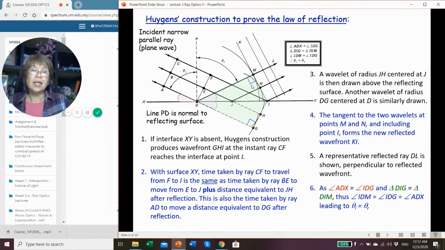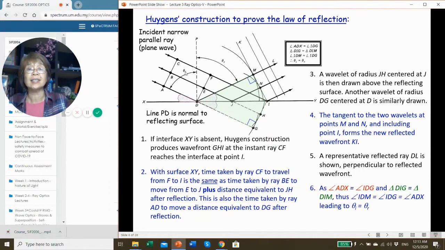So these two triangles are similar. This angle is equal to this angle. So therefore, this angle will be equal to the incident angle theta I, because this is the normal, this is 90 degrees. And this happens also to be the reflected angle.